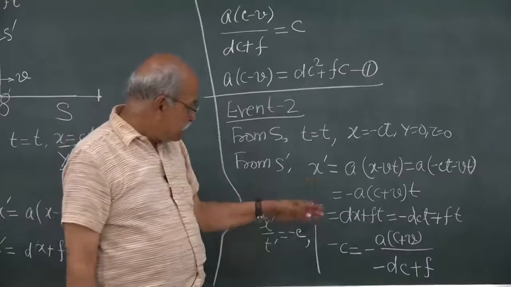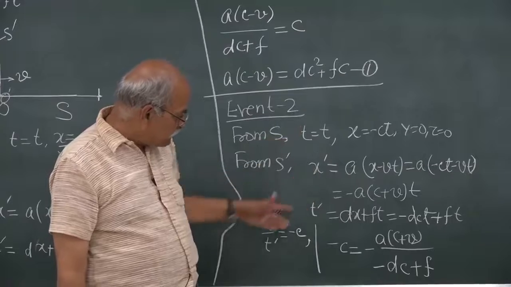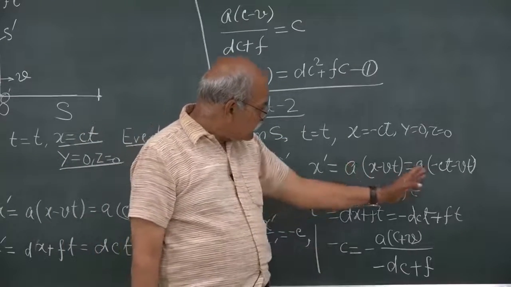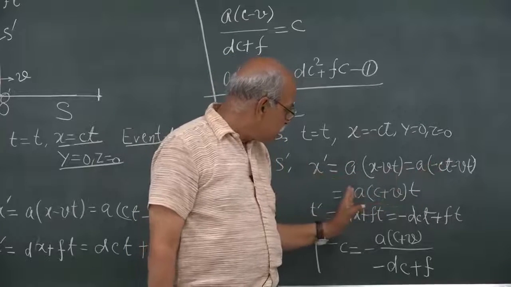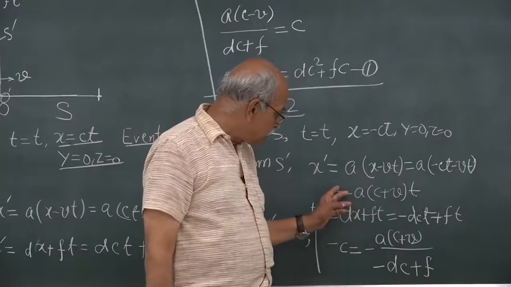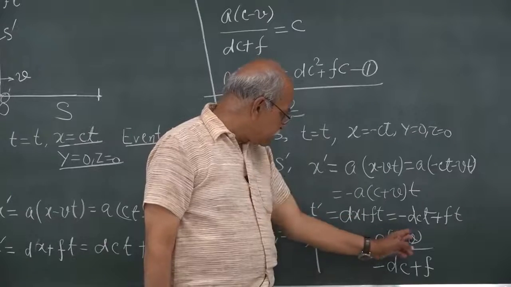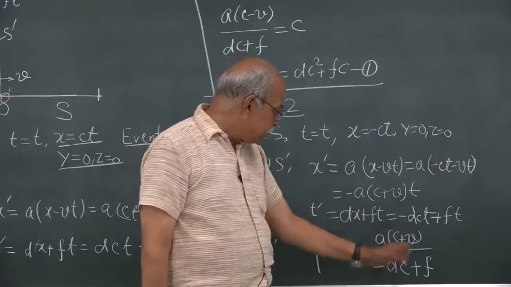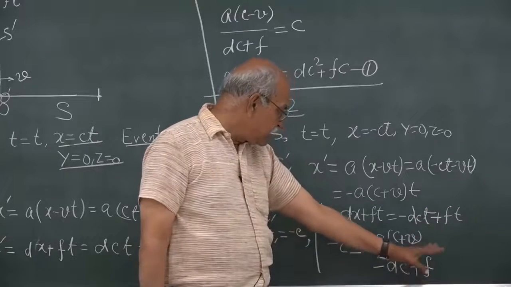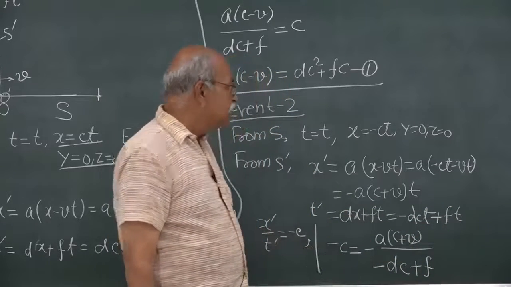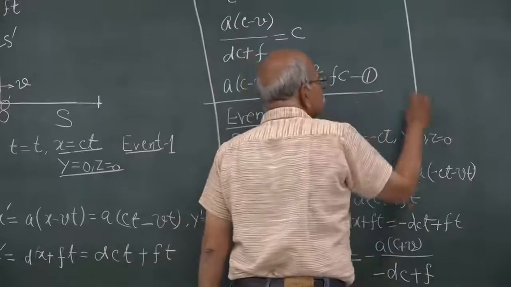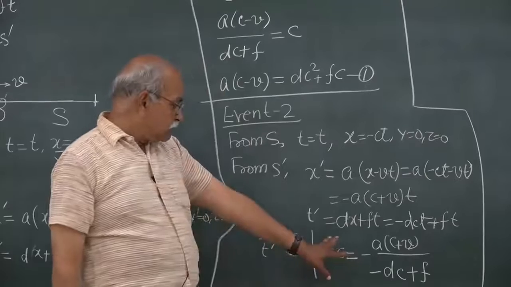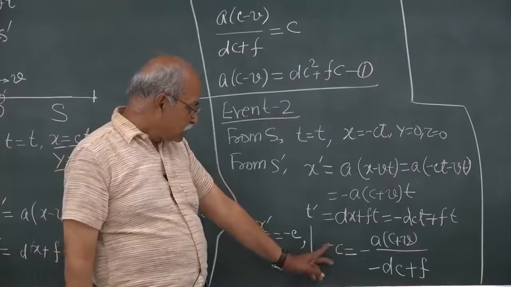So, x prime divided by t prime is minus c. So, minus c equals minus A into c plus v t, divided by minus D c t plus F t, and t cancels out. So, let us work out a little bit.